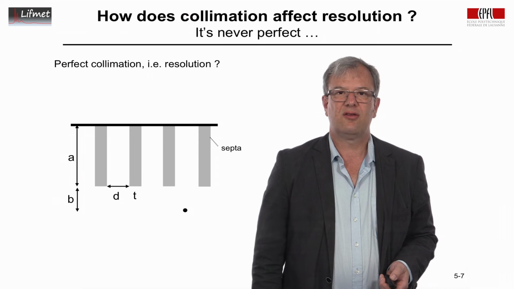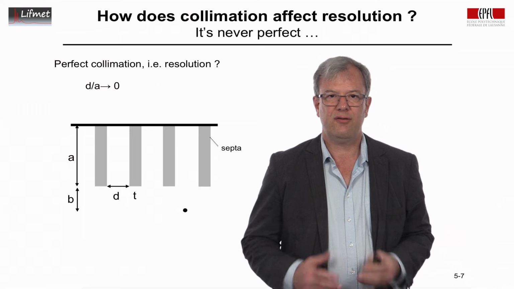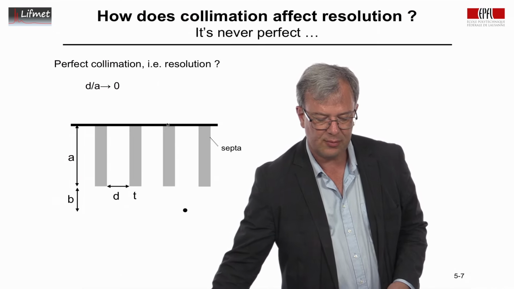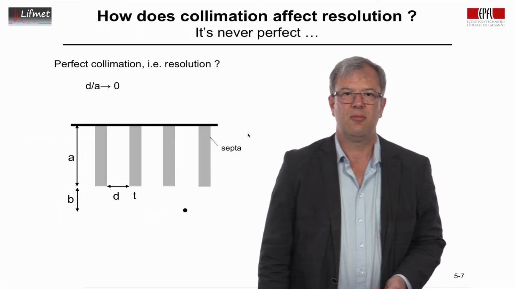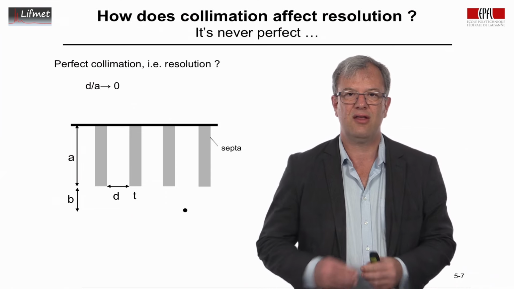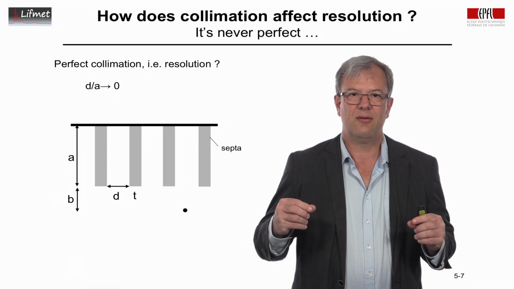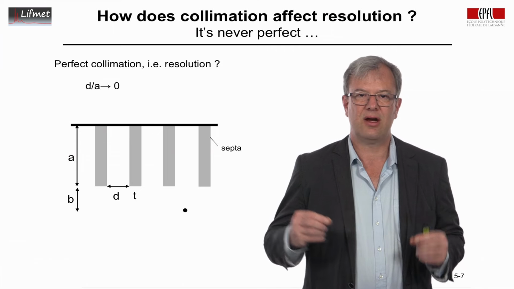So what would give us perfect collimation? Number one, we would want to have X-rays that are perfectly perpendicular to the detector here. This we can achieve by making sure that d over a goes to 0. So we have either very long septa, that's a going very long, or they are very closely spaced.